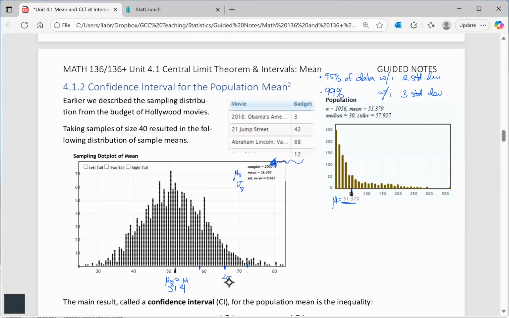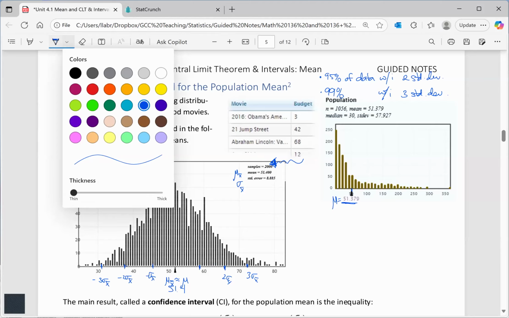So it would be 3 sigma of x bar. Let's do the same thing on the left. I'm just estimating it visually, going 1, 2, and then finally 3. These little markings would be the standard deviations, so it would be like the z-scores.